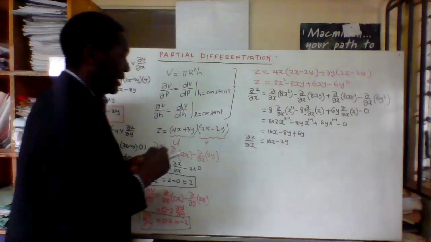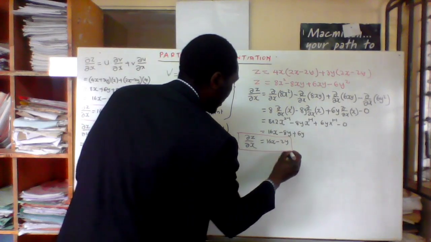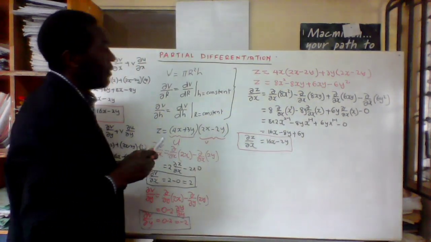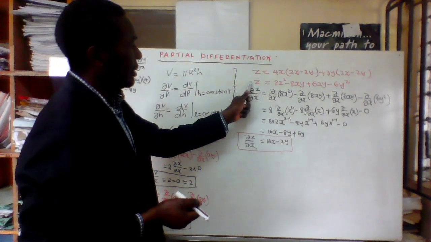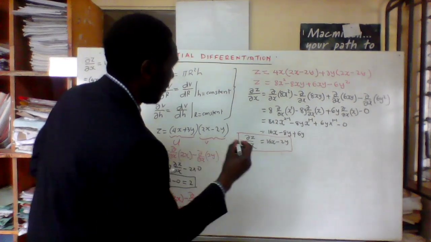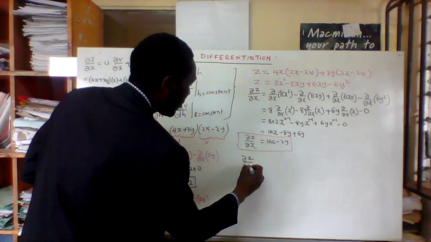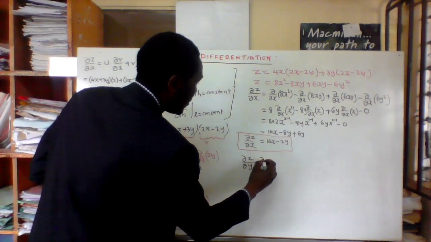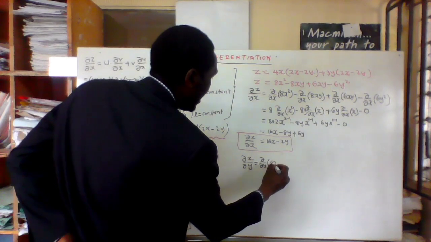So we can identify this one as the first solution with respect to x. We can also now partially differentiate z with respect to y, holding x constant. So we have partial derivative of z with respect to y is equal to partial derivative with respect to y of the first term, 8x squared.